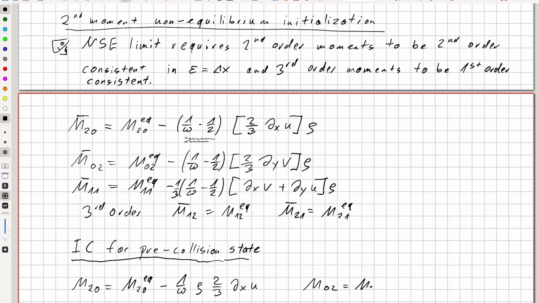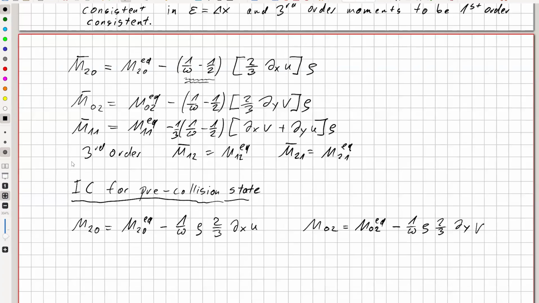M02 equals M02 equilibrium minus 1 over omega rho 2/3 dy v. Did I make it? Yes. And the last one, M11, is M11 equilibrium minus 1/3 omega rho dx v plus dy u.